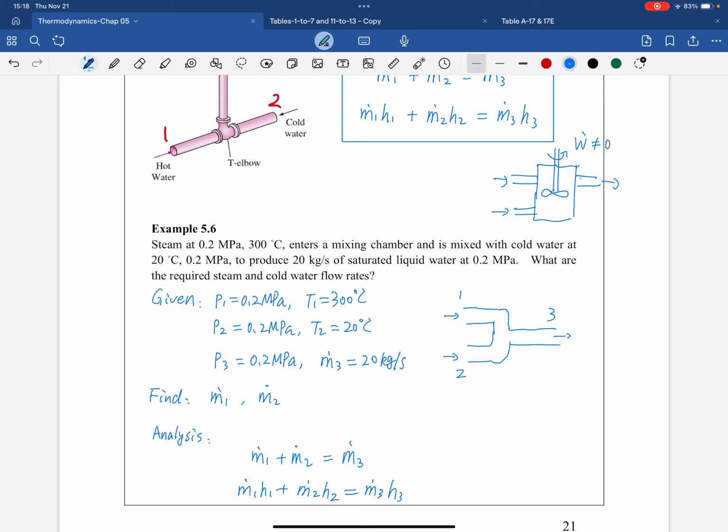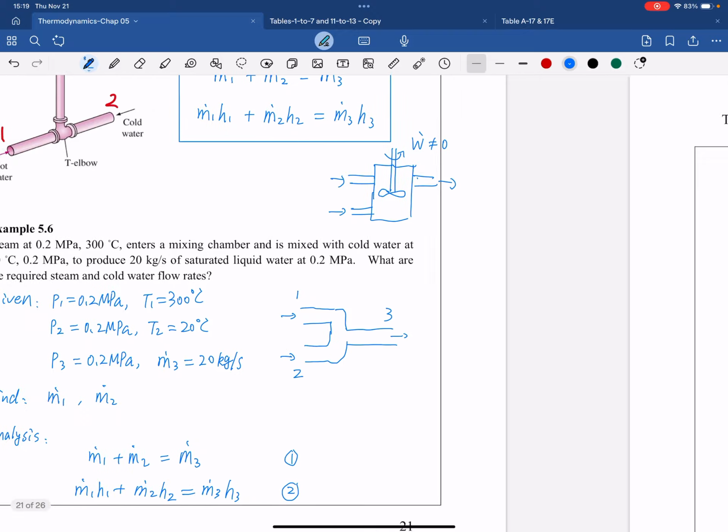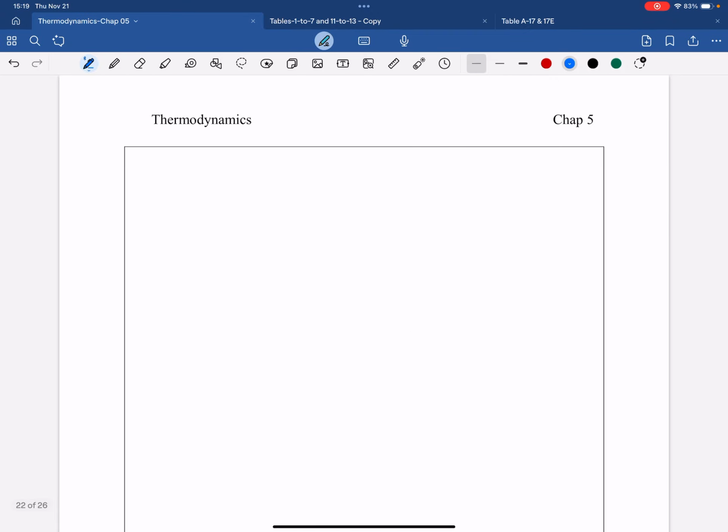So two variables, and we have two equations. If we can figure out h1, h2, and h3, then we will be able to solve those two equations. So how can we figure out h1, h2, and h3? Let's say this is equation 1, this is equation 2, and let me start a new page.